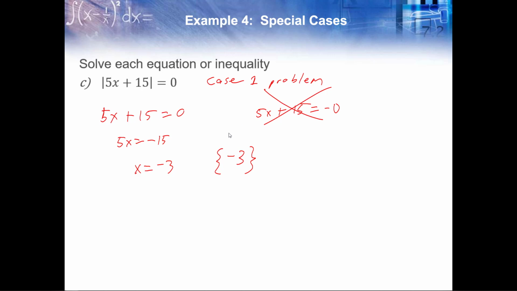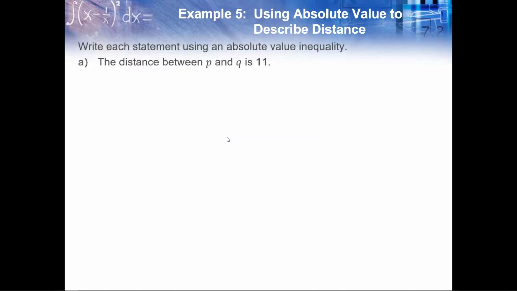Now, the next set of examples is where we can actually use the absolute value to describe the distance between two quantities. Here we have the statement that the distance between P and Q is equal to 11. As I recall, the absolute value of a particular number x equal to 4 is basically all those values where the distance from x to the origin is equal to 4.